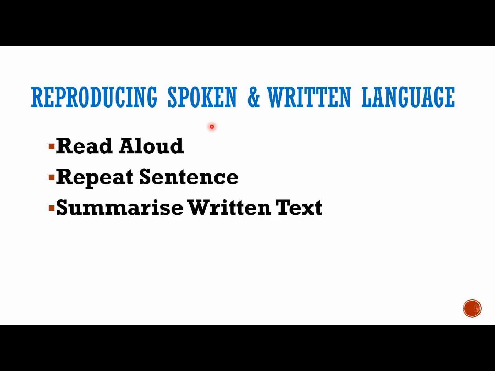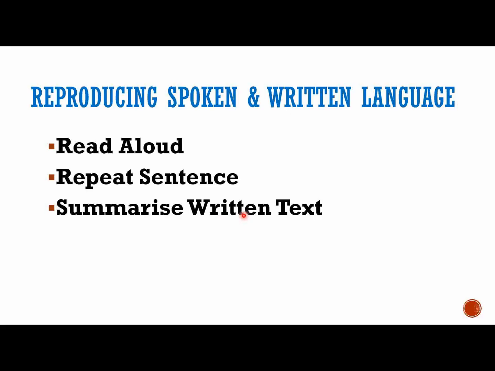So next one is reproducing spoken and written language. This is the second point in your skill profile. In this there is read aloud, then repeat sentence, and after that summarize written text. So reproducing spoken means read aloud and repeat sentence, and the written language is the summarize written text.